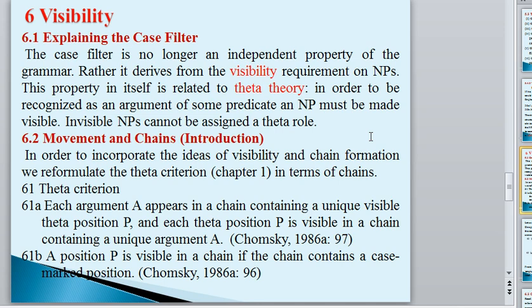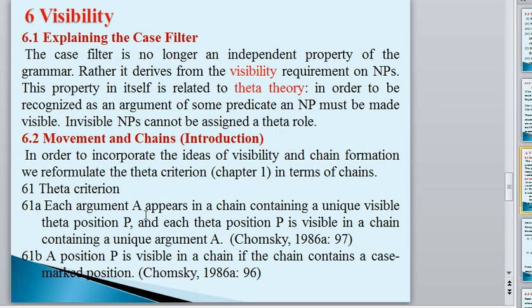Based on this visibility condition, I want to talk about movement and chains. In order to incorporate the idea of visibility and chain formation, we reformulate the theta criterion in terms of chains. Look at this theta criterion.